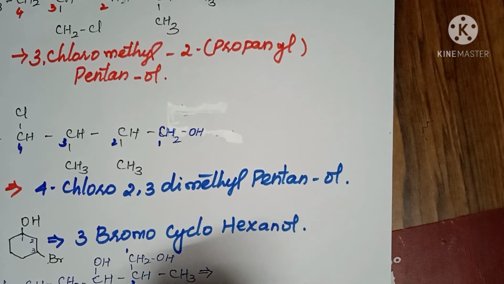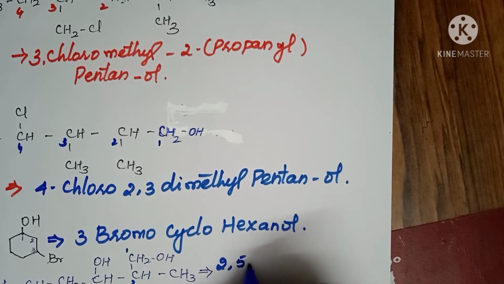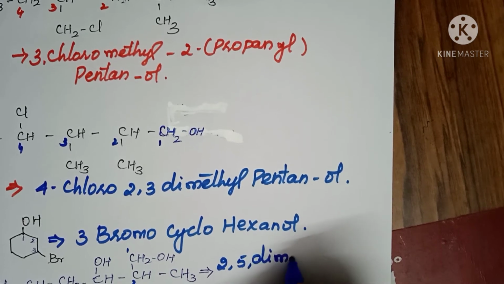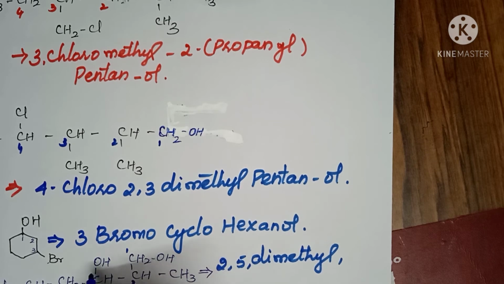So here, how can you give the name? According to alphabetical order, first the methyl group. Where is the methyl group? At the second carbon and at the fifth carbon. So that means 2,5-dimethyl. Next, where the hydroxyl group is attached, 1,3.